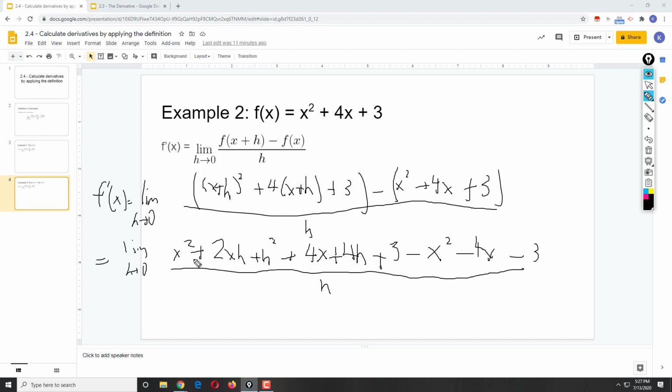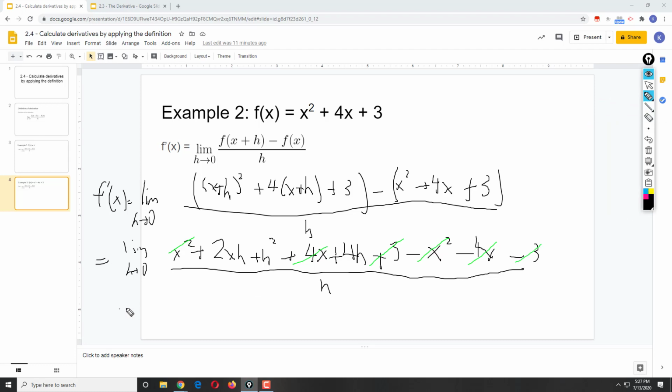All right, let's cancel out the terms that cancel. We've got x squared cancels negative x squared here. 4x cancels negative 4x here. 3 cancels out negative 3 here.